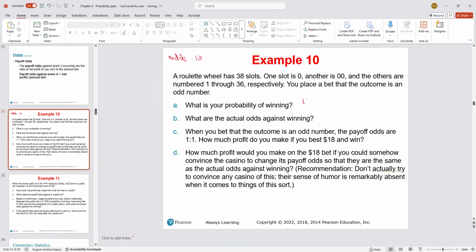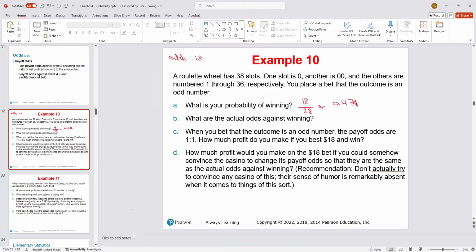That would be 18 over 38 slots available, right? Or you can express it in decimal, this is 0.474 when you use a calculator. What is the actual odds against winning here?